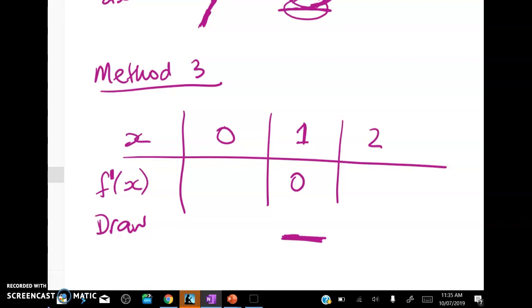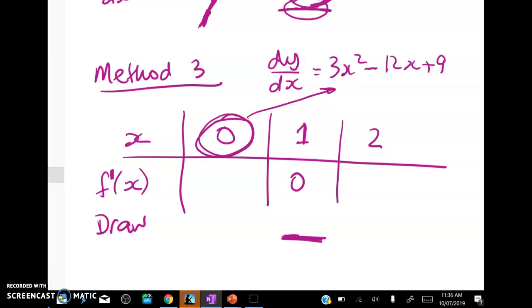So what was my gradient function? There's a wee bit of substitution. We've got 3x squared minus 12x plus 9. So we're going to substitute in 0 and see what the gradient is. So I get 0 minus 0 plus 9, which is 9, and that's positive. So I've got a positive gradient below 1.